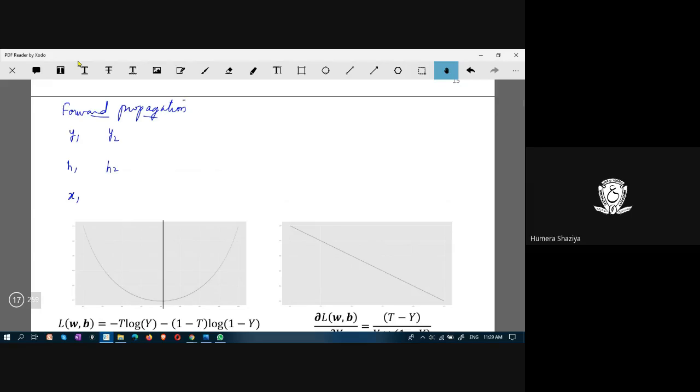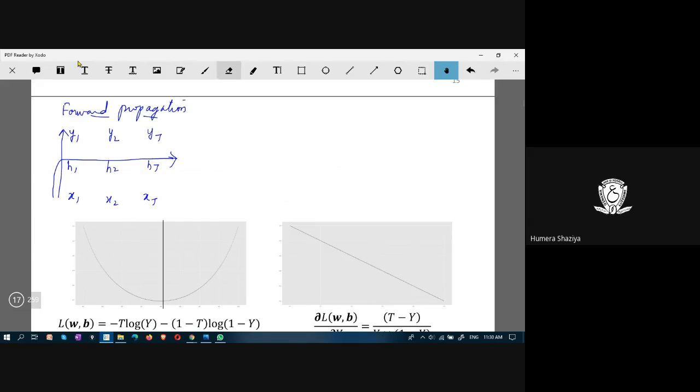In forward propagation, there is this direction from input to output, as well as from input through all the hidden layers. So this is forward propagation.